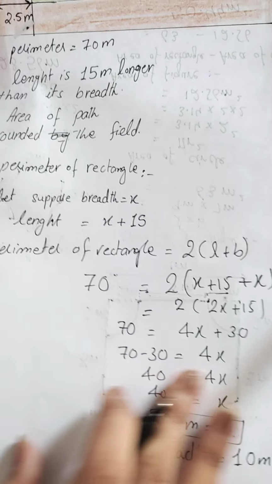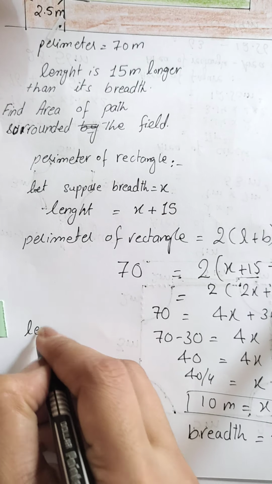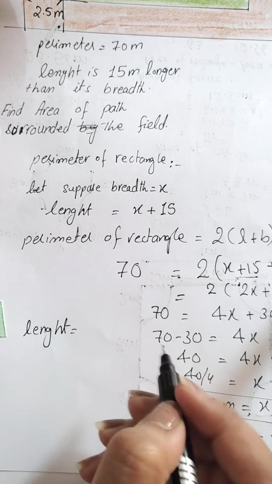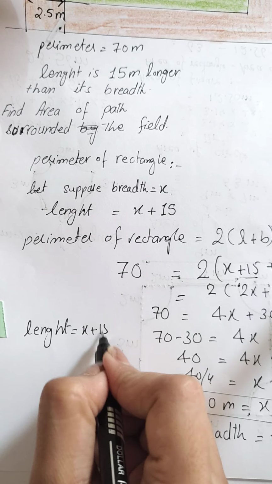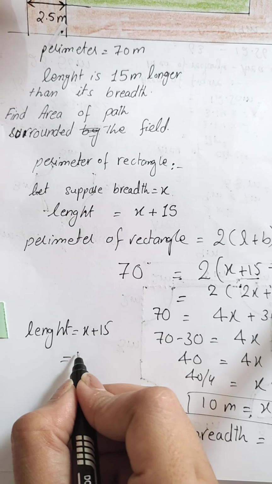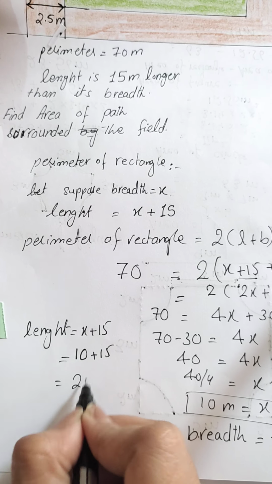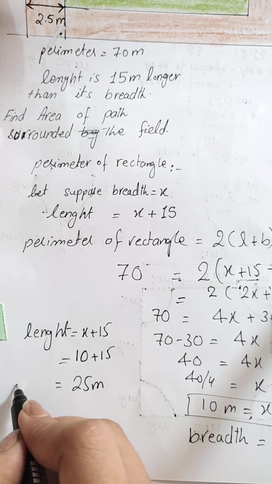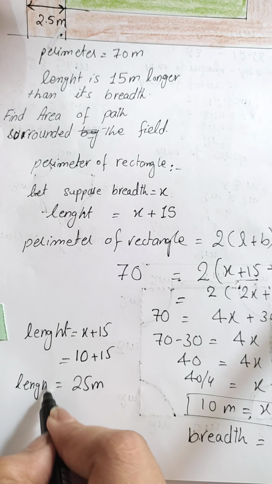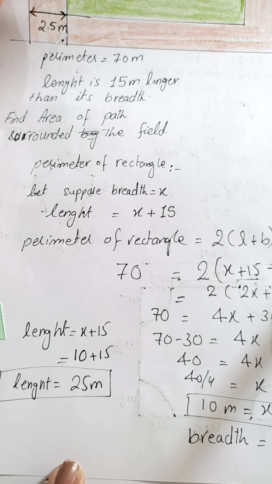Look at this. I will find out the length. Length is equal to x plus 15, and the breadth is 10, so 10 plus 15 is equal to 25 meters, and this is the length of the rectangle. 10 is the breadth and 25 is the length of the rectangle, which is shaded by the green color.